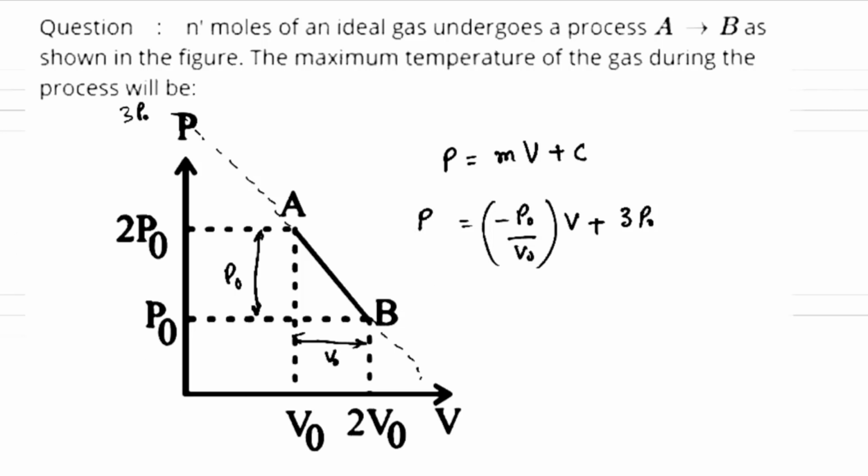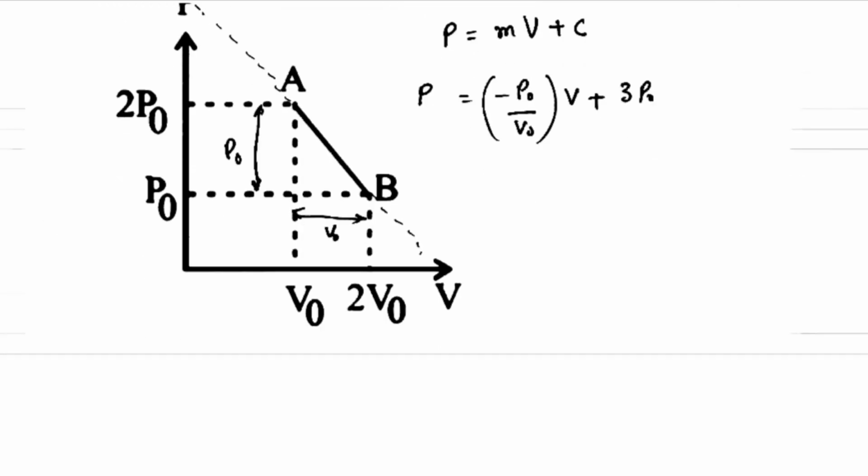Now we want the maximum temperature, right? So if I write the equation of gas, PV equals nRT, if I put the value of PV and nR, I will get the value of T. So I will write T equals PV by nR.